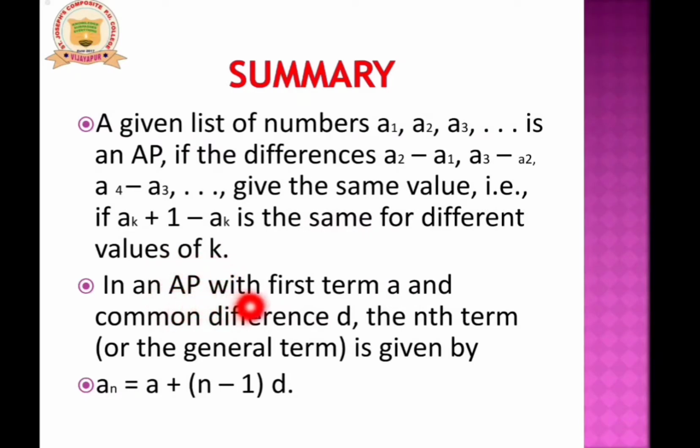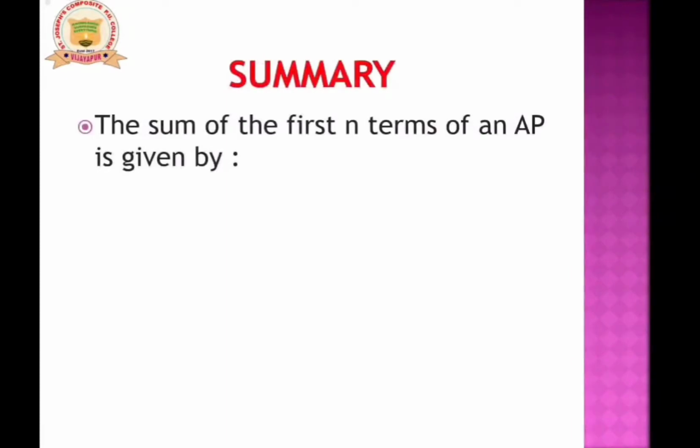In an AP with first term a and common difference d, the nth term or the general term is given by an is equal to a plus n minus 1 into d. The sum of the first n terms of an AP is given by Sn is equal to n by 2 into 2a plus n minus 1 into d.